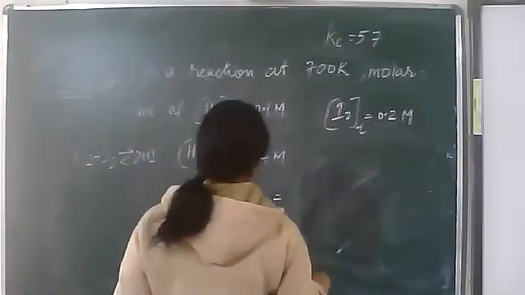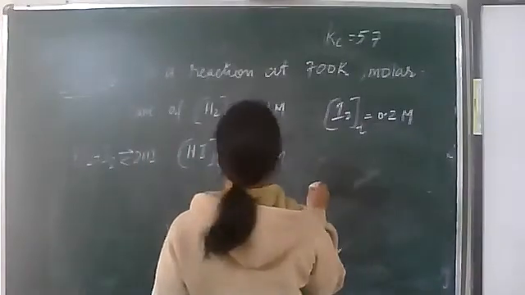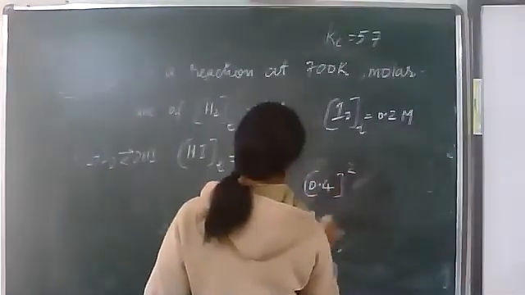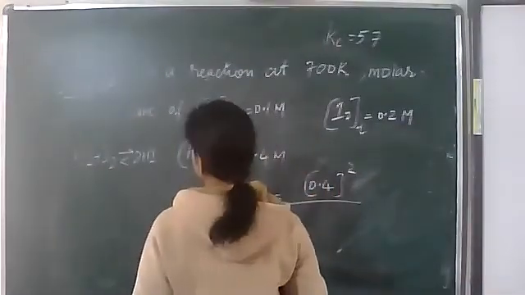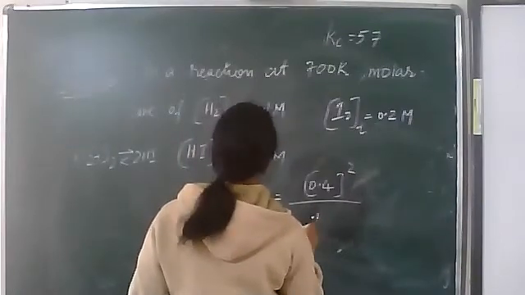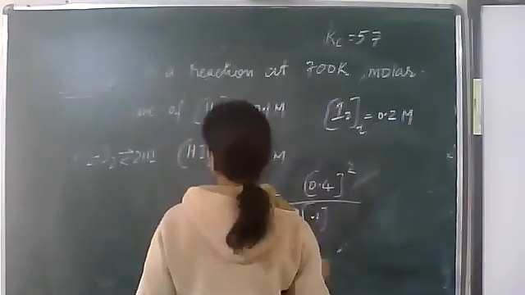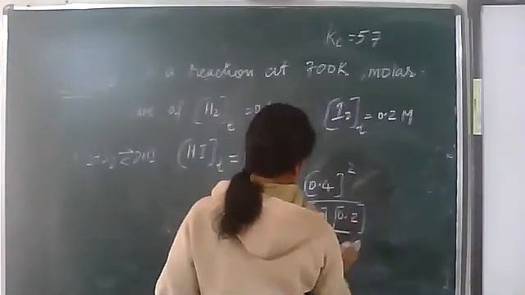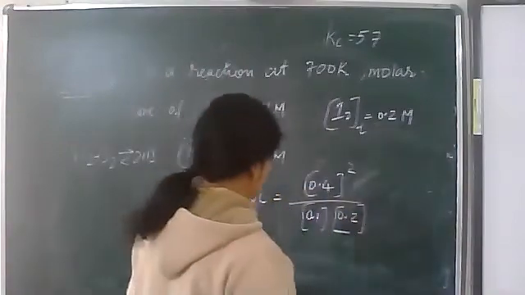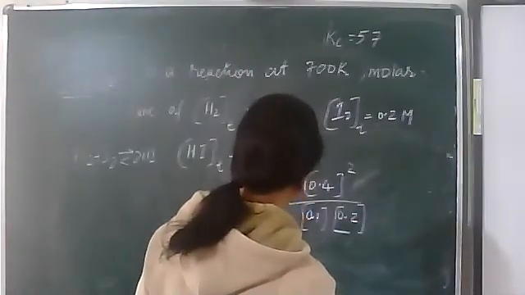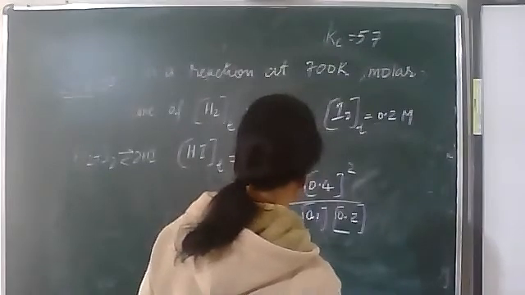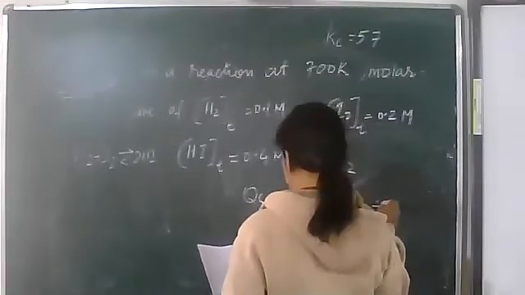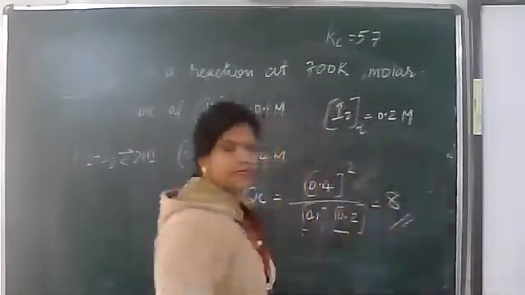So QC, I am going to find out, is HI square, that is 0.4 square, divided by H2, 0.1, into I2, that is 0.2. So you are getting the value as 8.